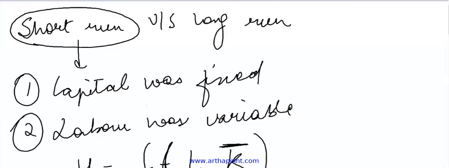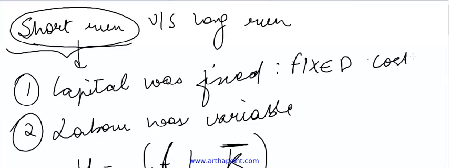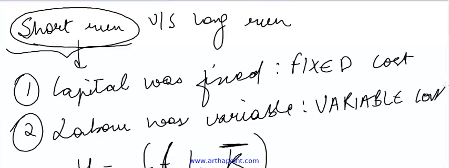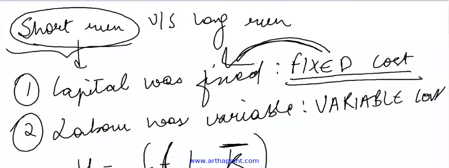In the short run, I have two types of cost. One is called the fixed cost and the other is called the variable cost. The fixed cost is the cost that you spend on the resources which are fixed, which cannot be changed in the short run. The variable cost is the cost which is spent on the resources which can change in the short run.